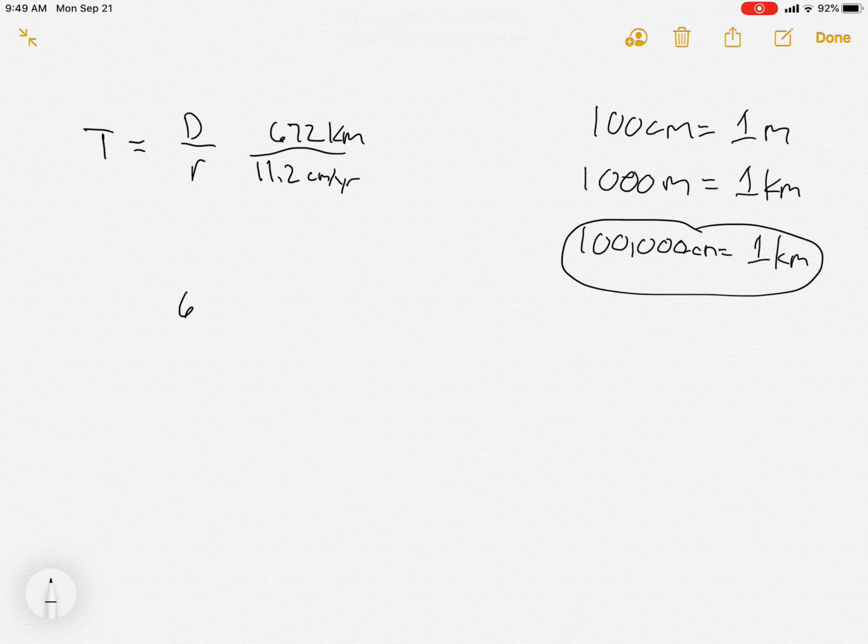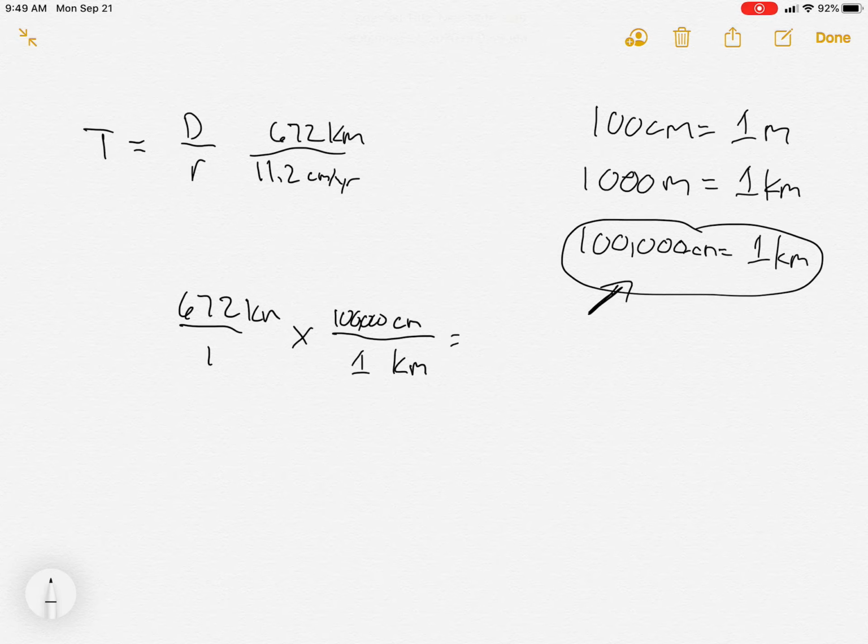So how do we do that? We take our 672 kilometers and we're going to multiply by a conversion factor. I want to get rid of kilometers and I want to get to centimeters. I'm going to use this conversion factor here, so I'm putting my 100,000 in there, put my 1 there, and just do the math, right?